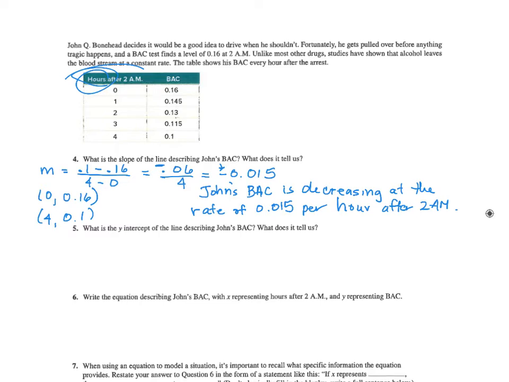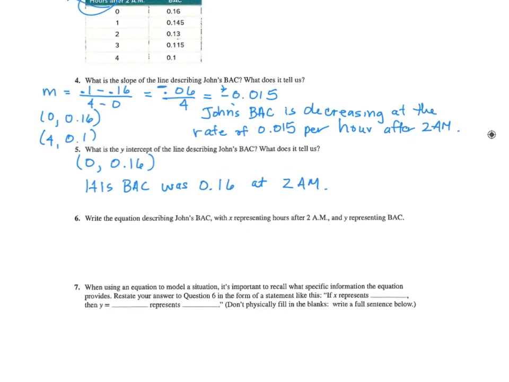All right, then they asked, what is Y-intercept of the line describing John's blood alcohol concentration? Remember, with the Y-intercept, your x-coordinate is always going to be 0. So that makes our Y-intercept, and that means his blood alcohol concentration was 1600s at 2 a.m. That's a starting blood alcohol concentration.